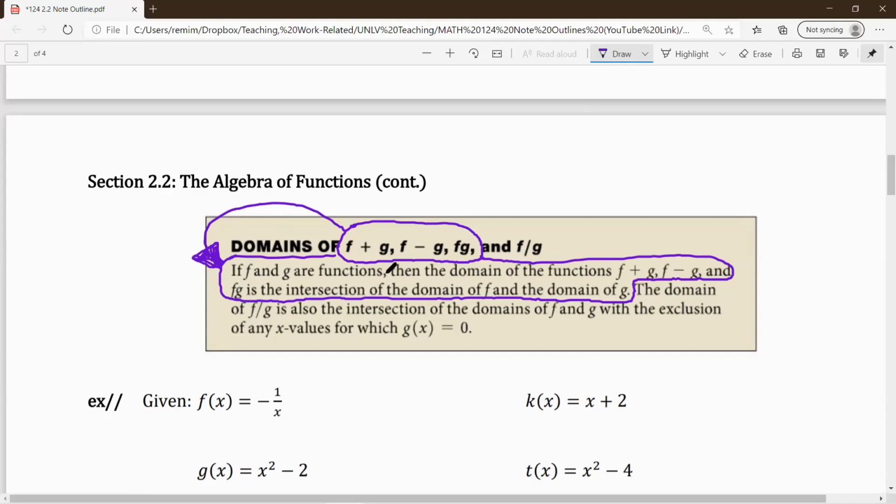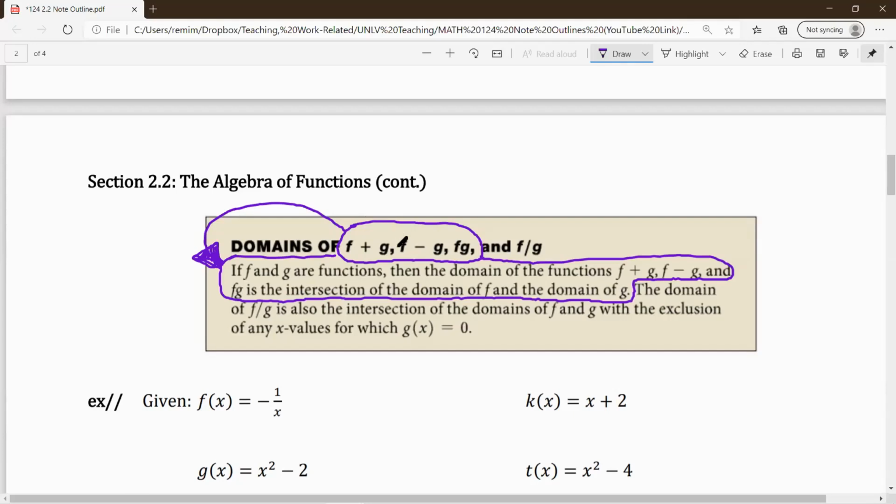If f and g are functions, then the domain of the functions f plus g, f minus g, and f times g is the intersection of the domain of f and the domain of g. Basically what that is saying is that if you want to find the domain of these three types here, you're going to find the domain of f on its own, and you're going to find the domain of g on its own, and then you're just going to say, well, what do those two domains have in common?